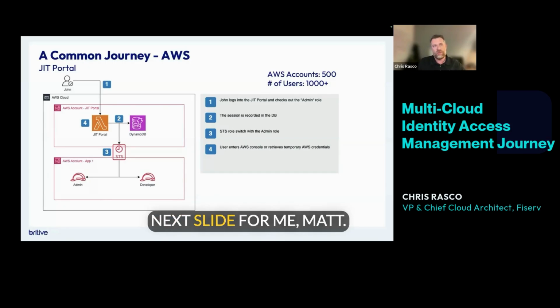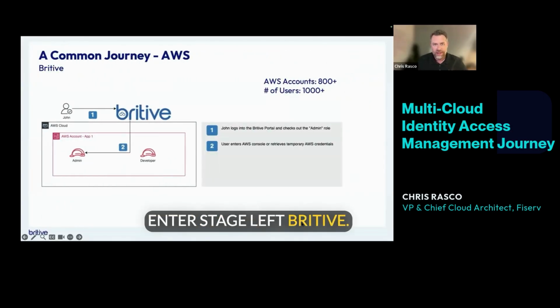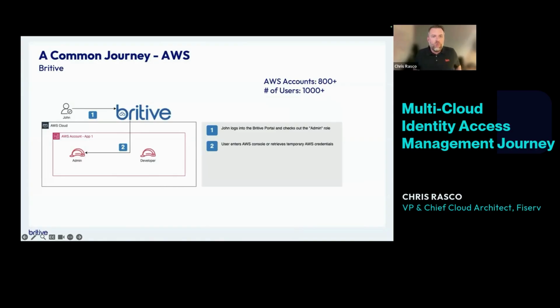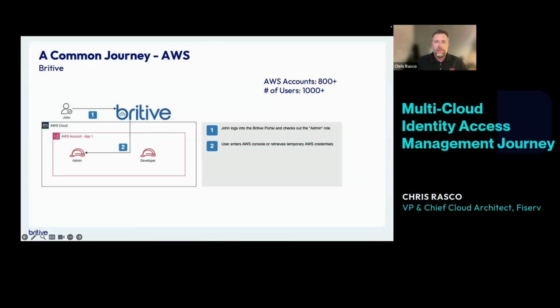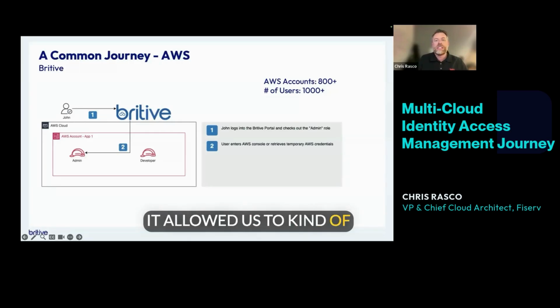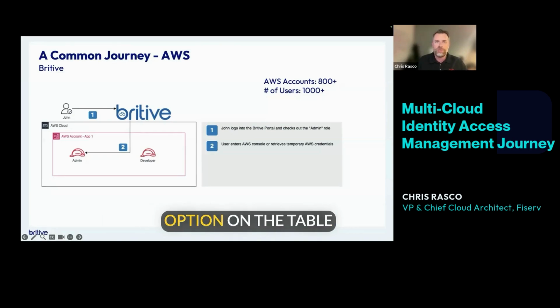So if you go to the next slide for me, Matt. Enter stage left, Britive. And so we were introduced to Britive as a company. And at that point, it allowed us to continue to scale this concept because now there was a commercially viable option on the table for us to consider that gave us the same user experience, just-in-time access, approvals, request workflows, things like that.